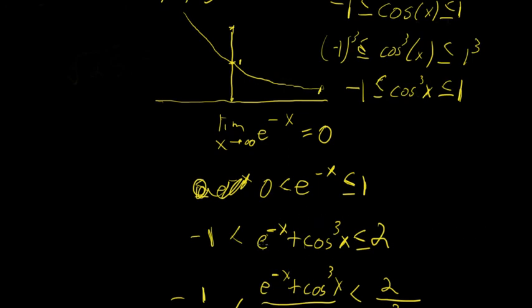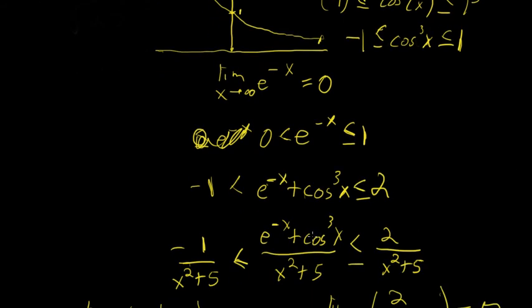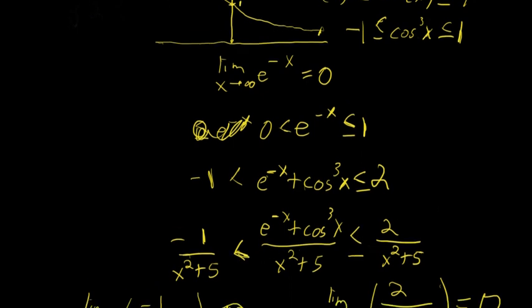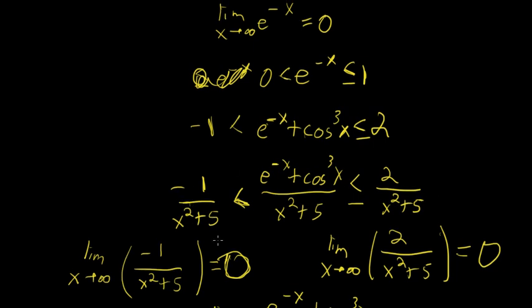We divided every portion of the inequality by x squared plus 5, and because we were concerned with the limit as x approaches infinity, this entailed division by positive numbers, so we did not have to change the directions of the inequality signs. We took the limits of these outside functions, they equaled 0, so by the squeeze theorem the limit of this inside function is 0.